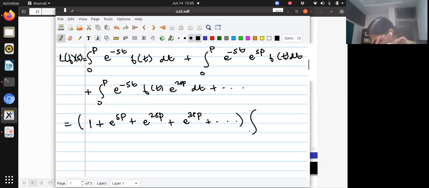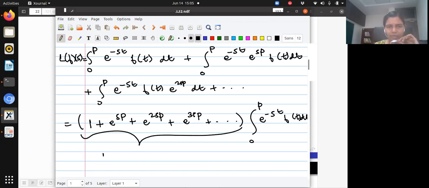And I have this integral 0 to p exponential minus st f(t), right? Now this is a term of the following form: 1 plus x square plus x cube and so on.